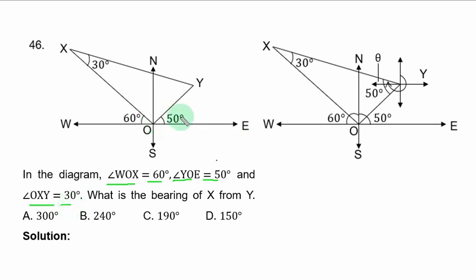You go to Y and get the bearing of S. But before that, the given diagram can be reconstructed by doing some adjustments in this form. So we insert the cardinal points at Y so that if this angle is 50 degrees, this angle is also 50 degrees. That is alternate angles.